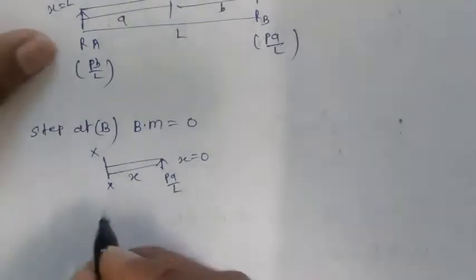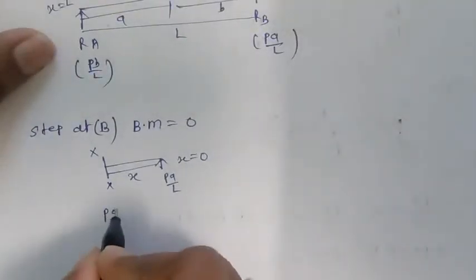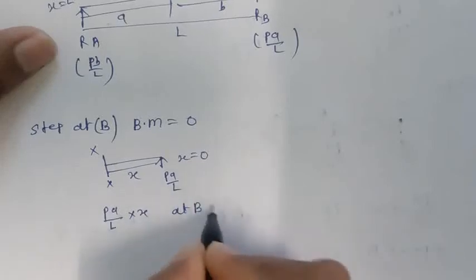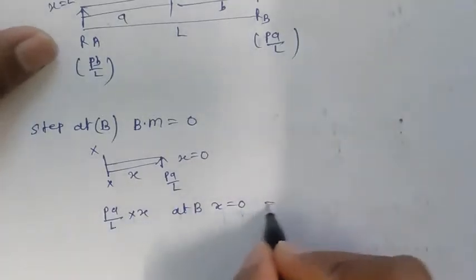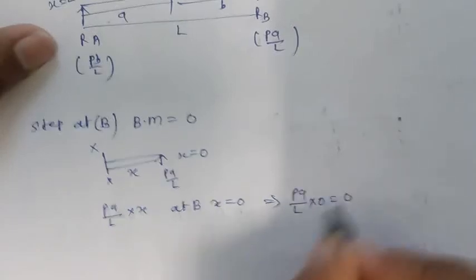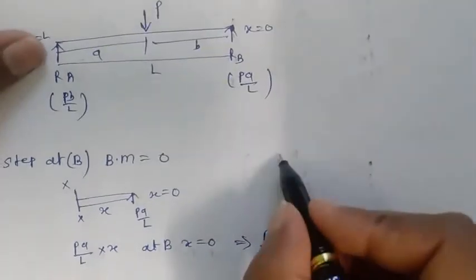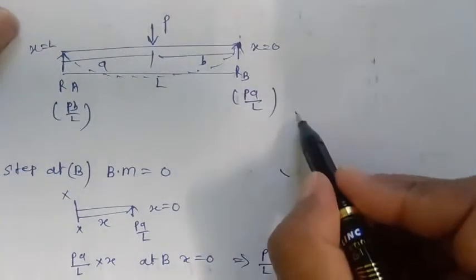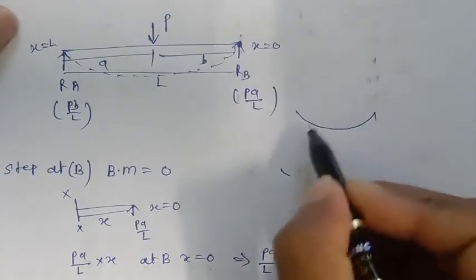So if you calculate this PA by L into x at B, x equal to 0, this will be PA by L into 0, that will be 0, because this P and the reaction will bend this beam like this.